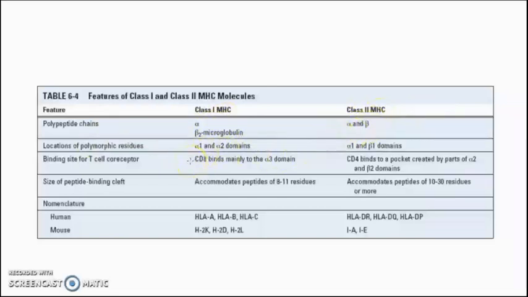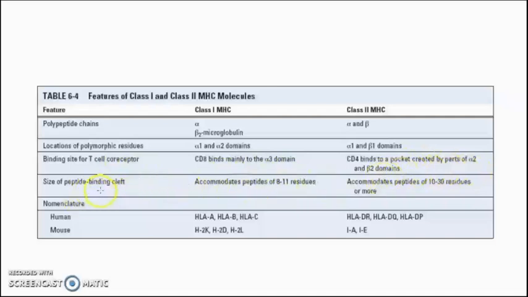The location of polymorphic residues in class 1 is in the alpha 1 and alpha 2 domains. In class 2, it is in the alpha 1 and beta 1 domains. The binding site for CD8 in class 1 is mainly in the alpha 3 domain. In class 2, it is on the pocket created by portions of alpha 2 and beta 2 domains.